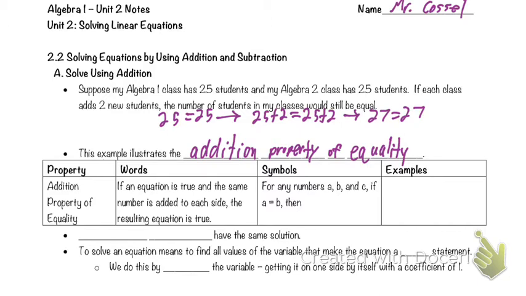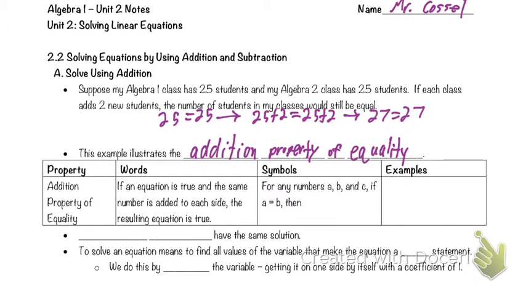Now, in this box, the same kind of box we used for our other properties last chapter, the addition property of equality says: if an equation is true, so you have to start off with a true equation, like 25 equals 25, and the same number is added to both sides, the resulting equation is still true. So you start off with a true equation, you add the same thing to both sides, and you'll still end up with a true equation.